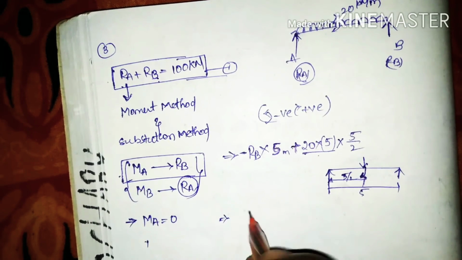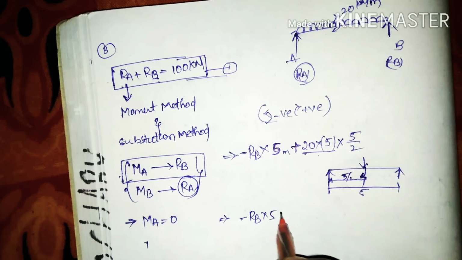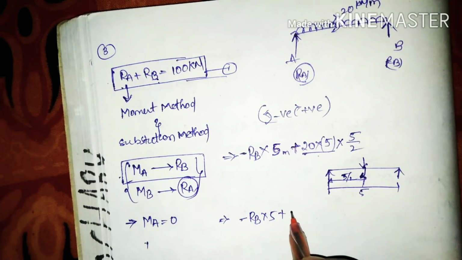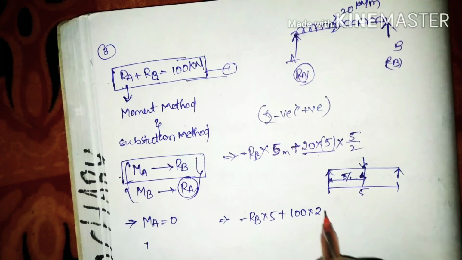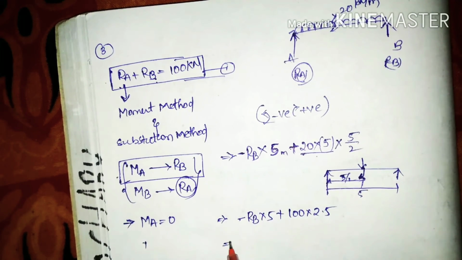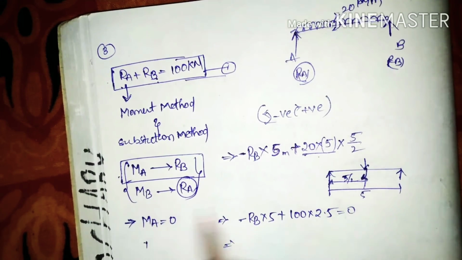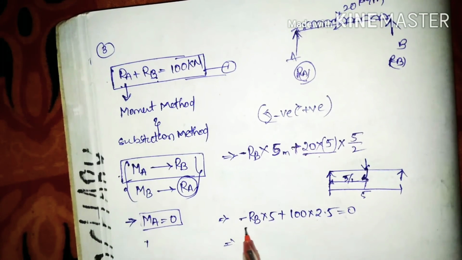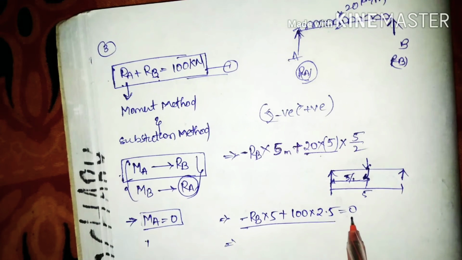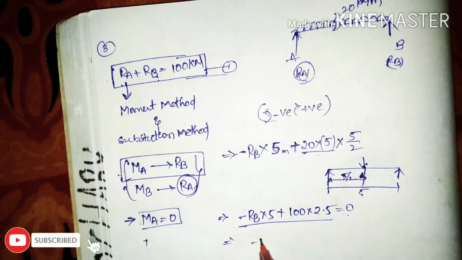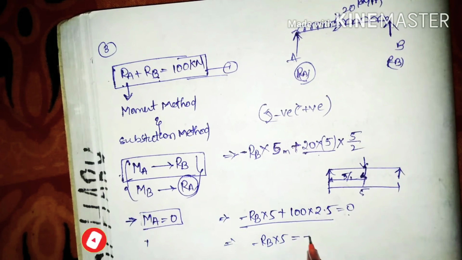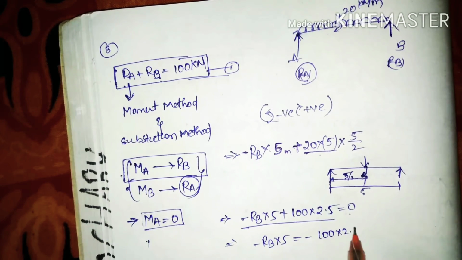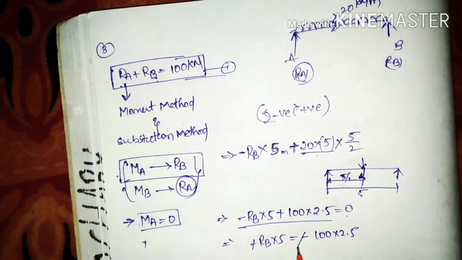Here after the simplification, RB into 5 plus 20 into 5 into 2.5 is equal to 0, because we are taking the moment about A is equal to 0, so we are going to equate the moment about A is equal to 0. Thereafter, minus RB into 5 is equal to minus 100 into 2.5, and negative gets cancelled.